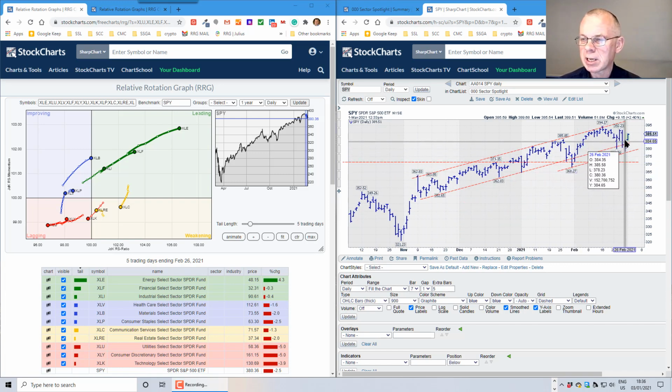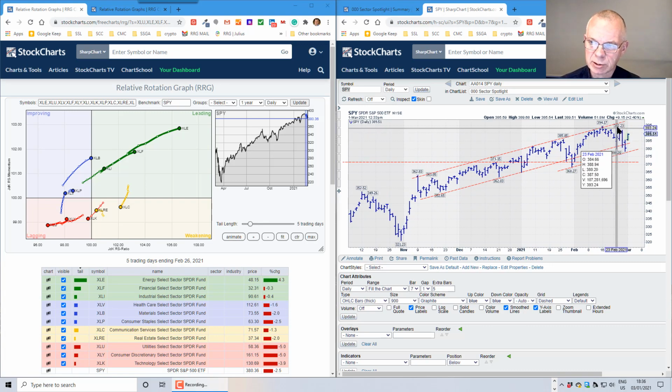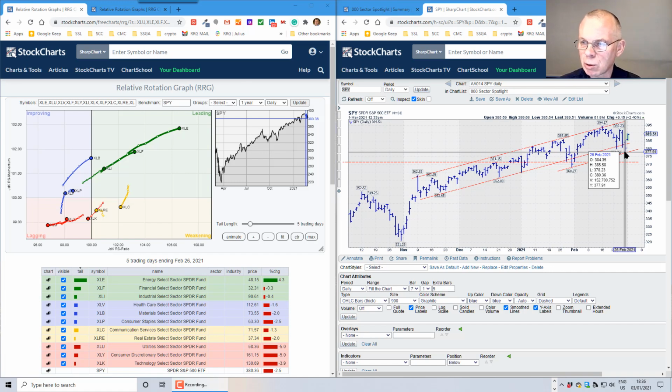If we cannot take out 392.2, but we will drop below last week's low, that's 378.2, and continue, then that series of lower highs and lower lows will continue lower. And then I'm sort of on the edge of saying, okay, we're now going into a little bit more of a decline. Still, everything within the longer term uptrends that we will see later when we talk about the monthly charts. So that's for the stock market.